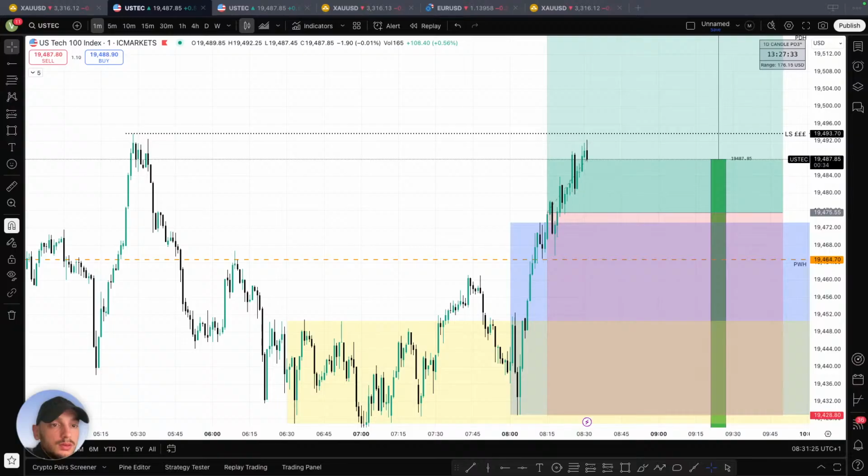I think to move it to break even now. If it reverses from here, I don't want to lose my profits. So let's play it safe. We're in a good position, right?